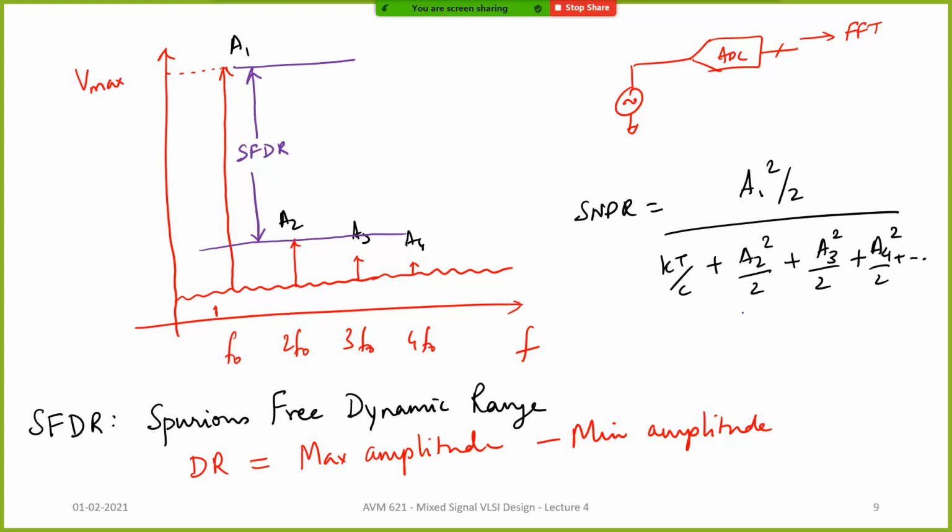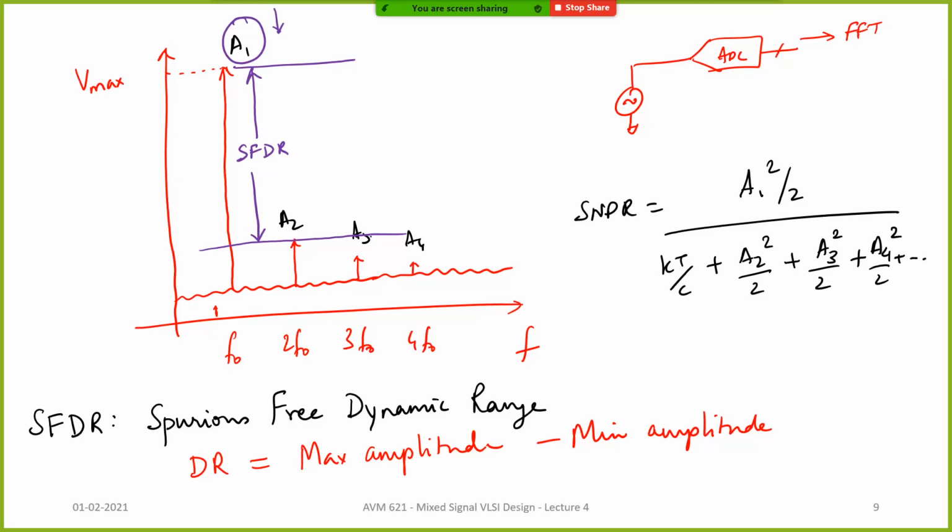As you reduce the input amplitude, that is this term A1, what will happen to A2? A2 will go down by A squared, and A3 will go down by a cubic factor. So obviously your tones will all start going down.